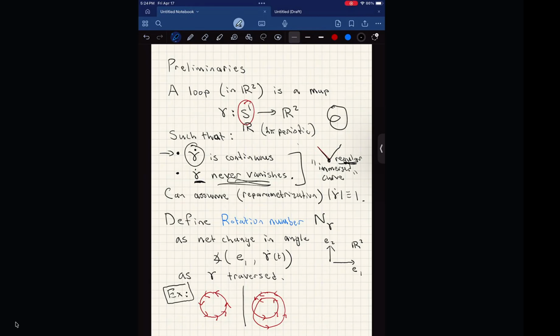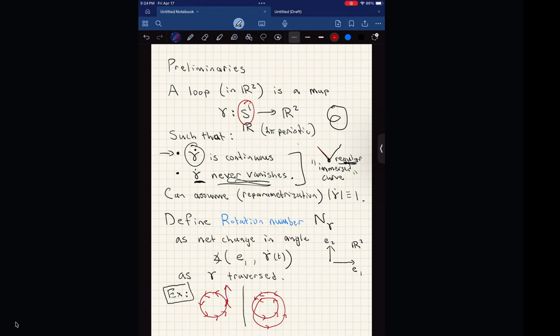Okay, so now I'd like to define the rotation number. Again, intuitively, it's basically what I wrote on the slide before. We have slightly simpler notions here. We're trying to track the angle between E1, just some reference vector in the plane, and the velocity vector of our curve.